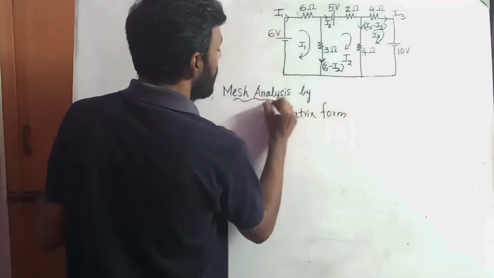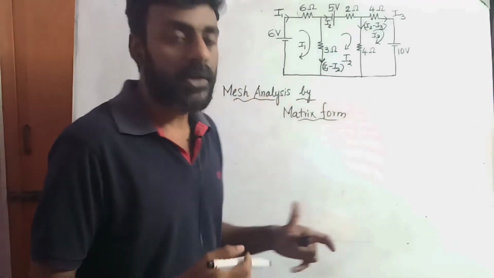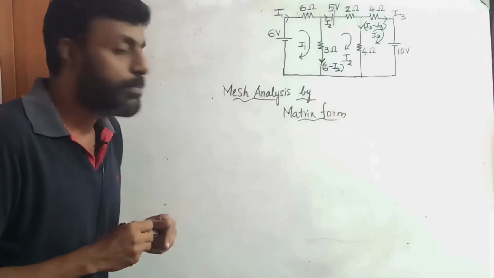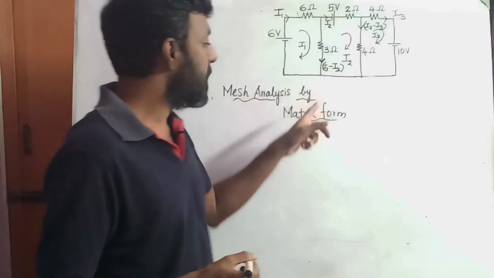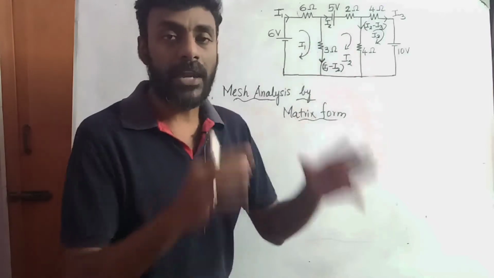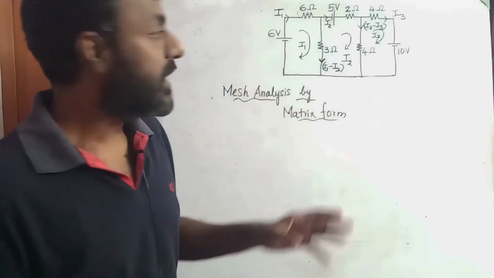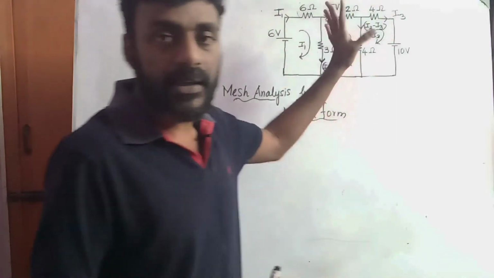This is a separate and different method, where we are going to solve for individual values using a matrix, and we are going to get the individual currents that are flowing through this entire network.